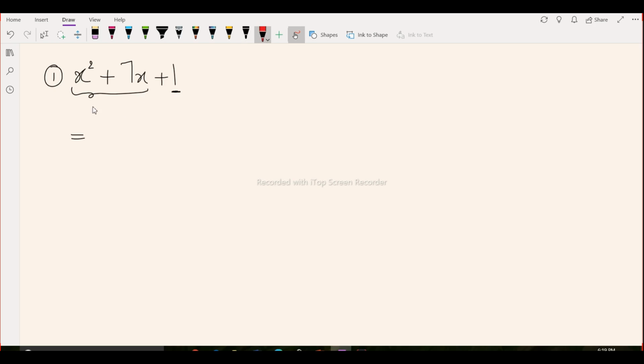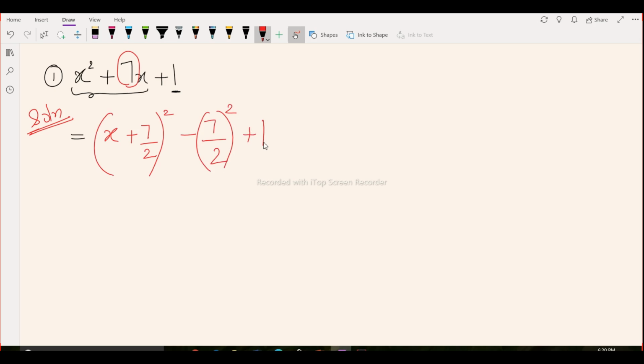So for x square plus 7x, I'll check the coefficient of x, which is 7. I'll divide by 2, which is 7 by 2. So I can write x plus 7 by 2 the whole square minus 7 by 2 the whole square plus 1.